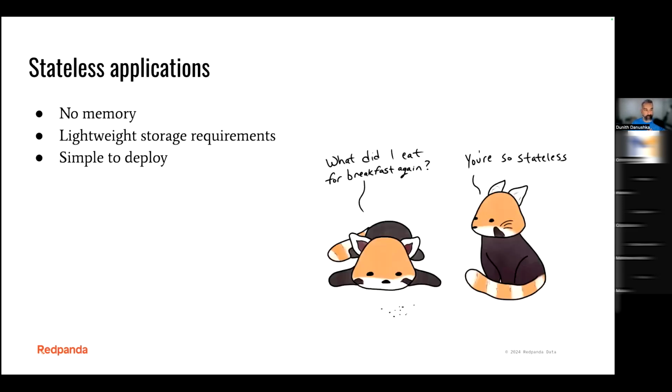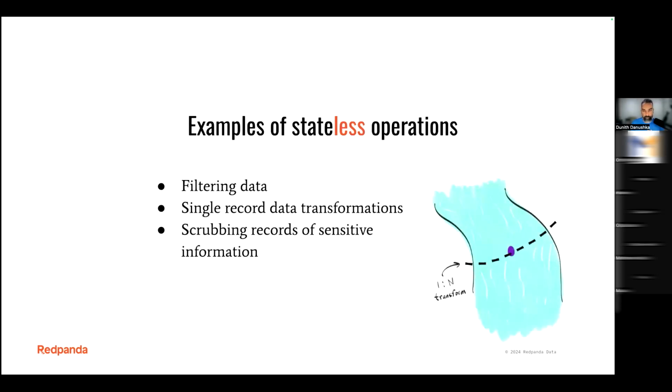They don't have much memory requirement, and they are lightweight because there's no dealing with state, and simpler to deploy. You can also parallelize them easily. You can scale multiple instances of them because of that.